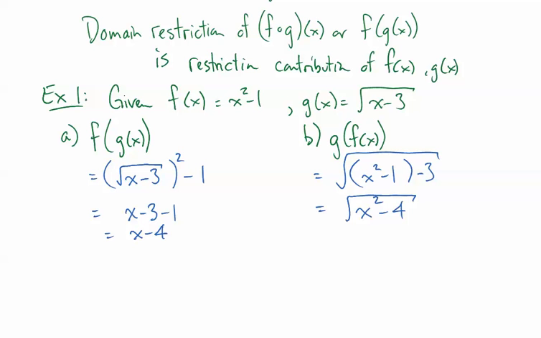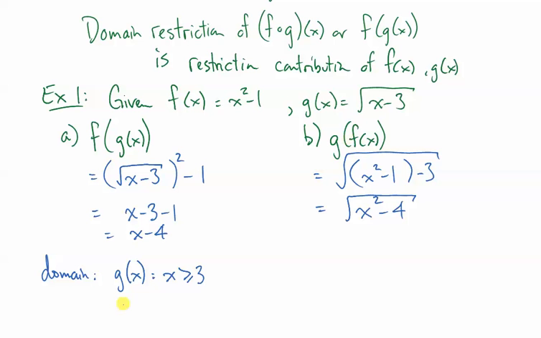Now, if we consider the domain of these, in this first case, the domain of the function g is x has to be greater than or equal to 3. I know I can't take the square root of negatives, so what I put in the function g up here has to be 3 or more.